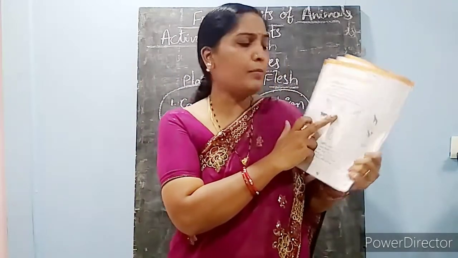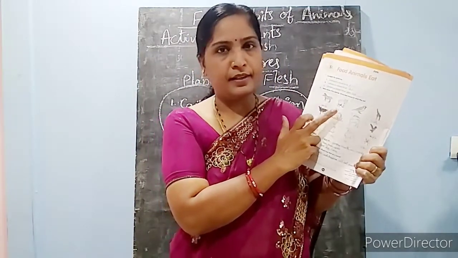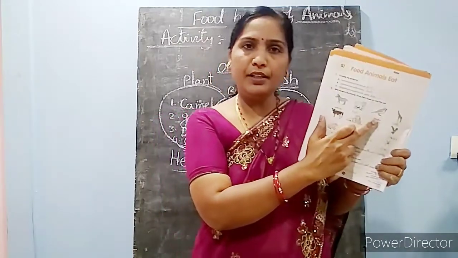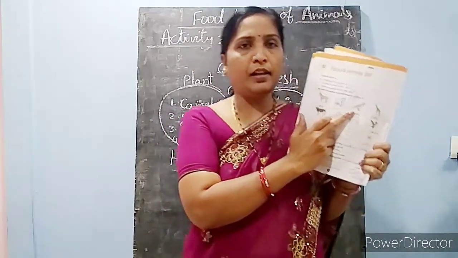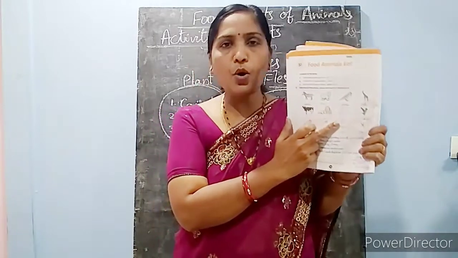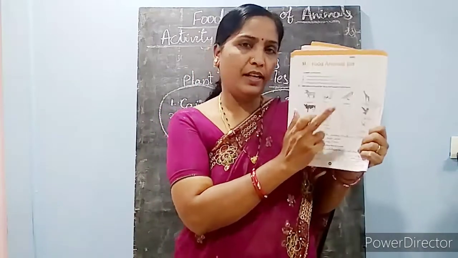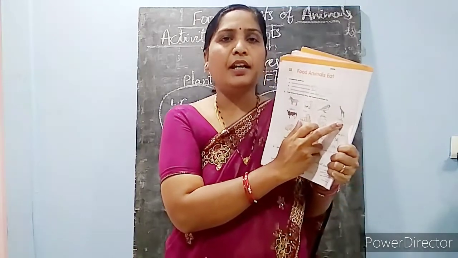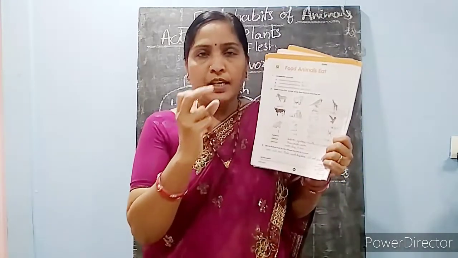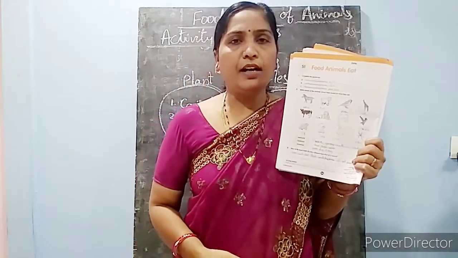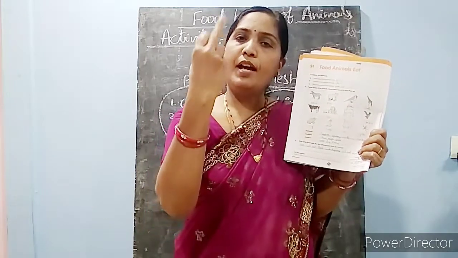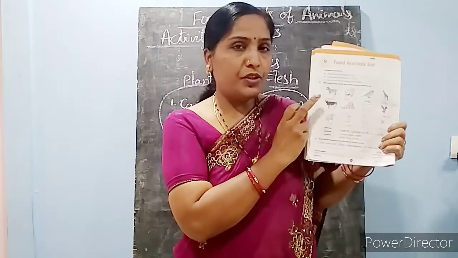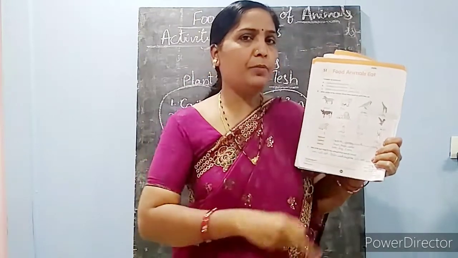What's the next animal? Bear. The next animal is bear. And try to find the next animal, that is sparrow. Very good. And the next animal is giraffe. The very easy physical feature in giraffe is it has a very long neck. See in the picture. And for zebra, the lines on the body.